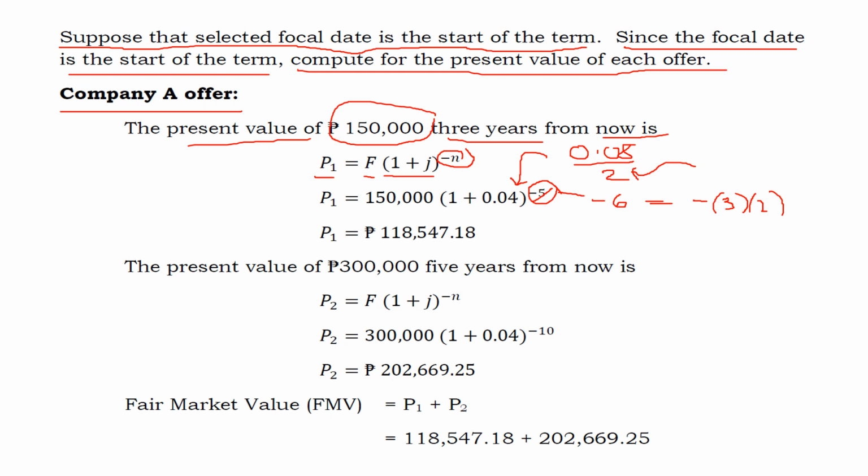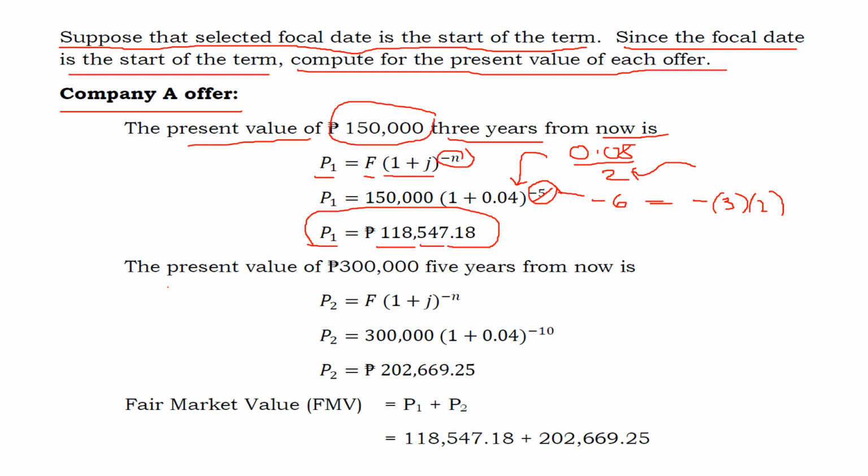So therefore that will be negative 6. The exponent here is negative 6, not negative 5, so it's a typographical error. The resulting value, once we simplify using your calculators, your P1 is 118,547.18 pesos. That will be the present value for these 150,000 pesos 3 years from now.